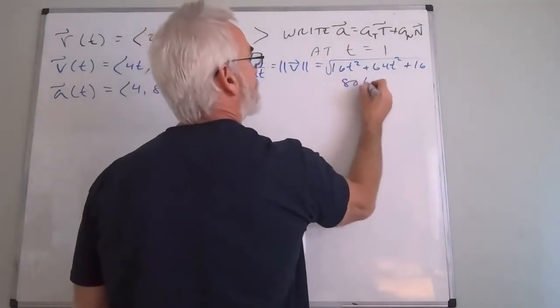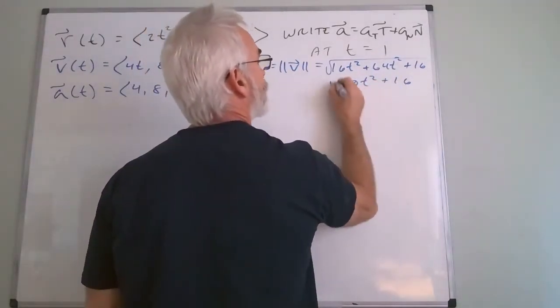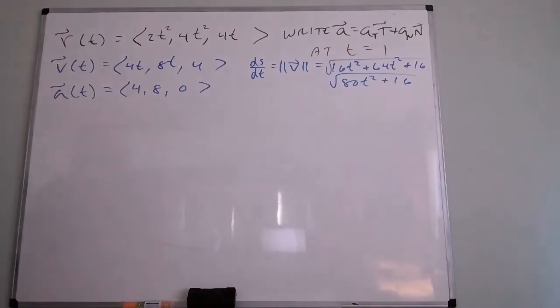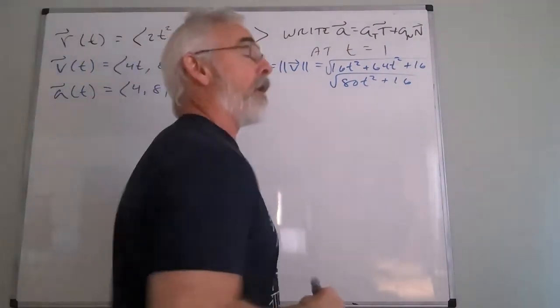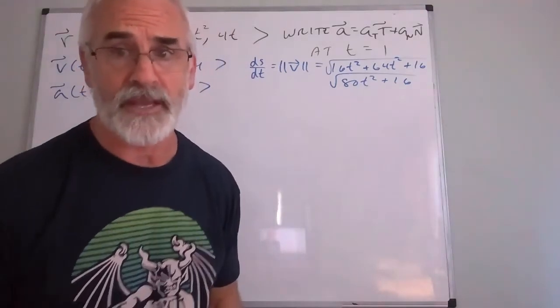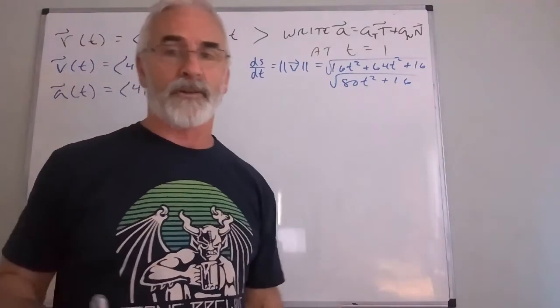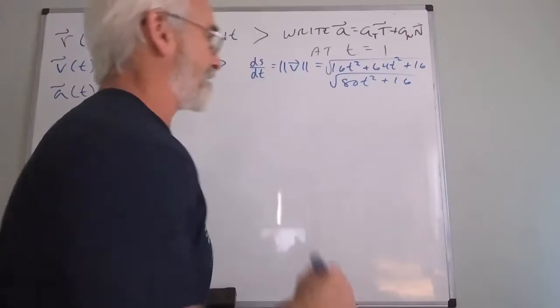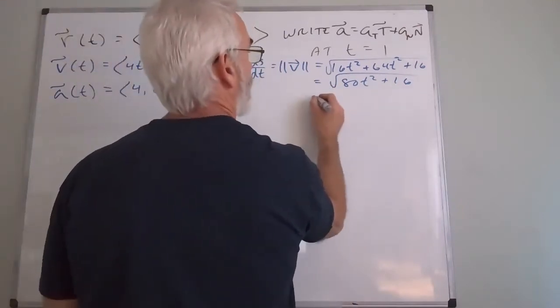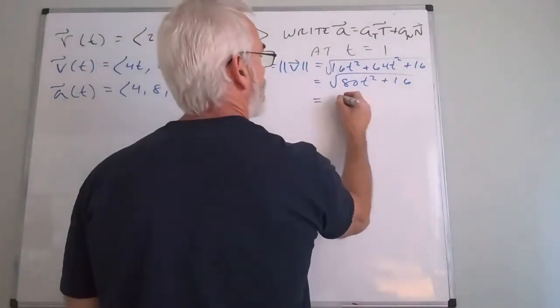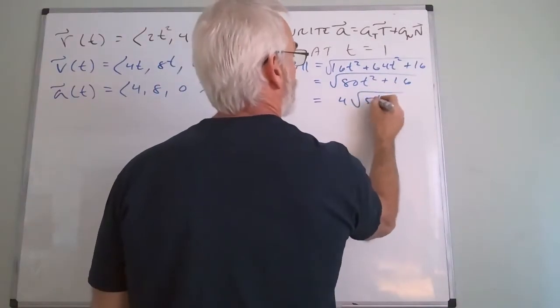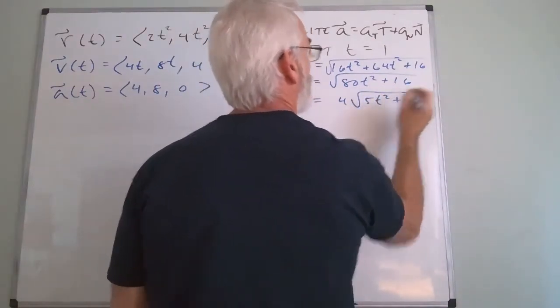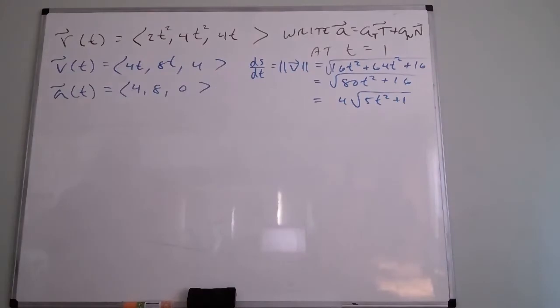That would be the square root of 80t squared plus 16, and it looks like I can pull out a root 16. By the way, always reduce the roots if you can. Otherwise, your roots are going to get bigger and uglier and scarier, and all hell breaks loose. If I pull out the root 16, this would be 4 times the square root of 5t squared plus 1. In the long run, that will probably be easier to work with.